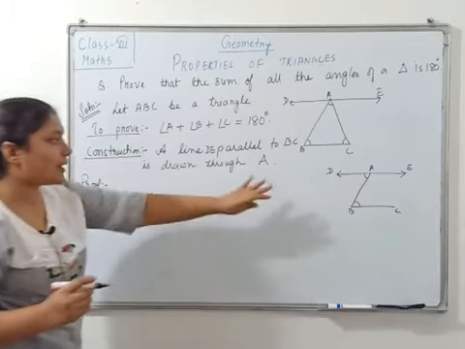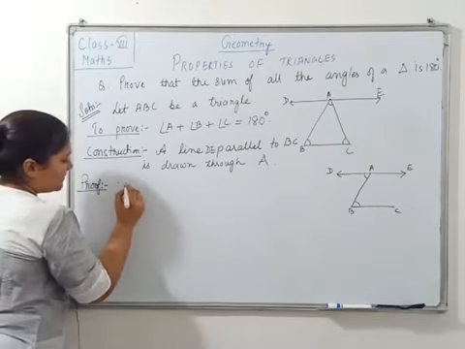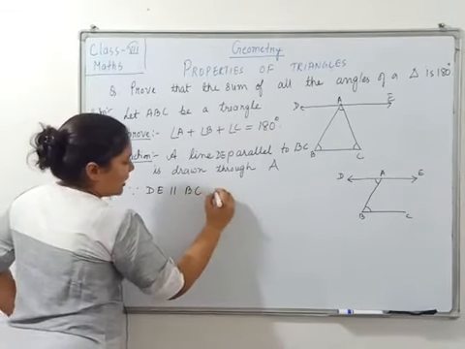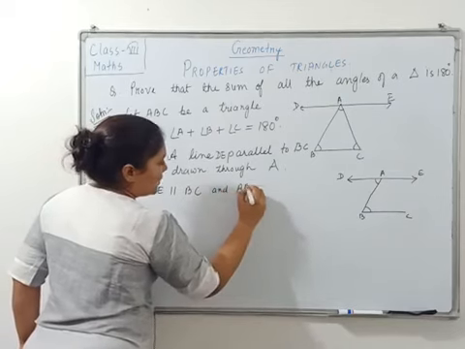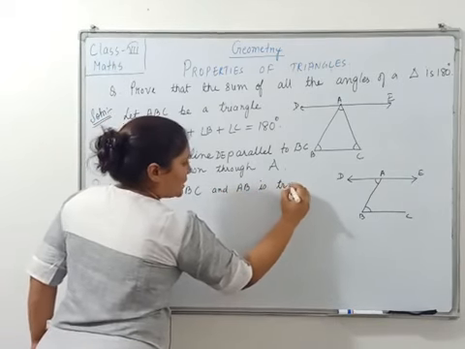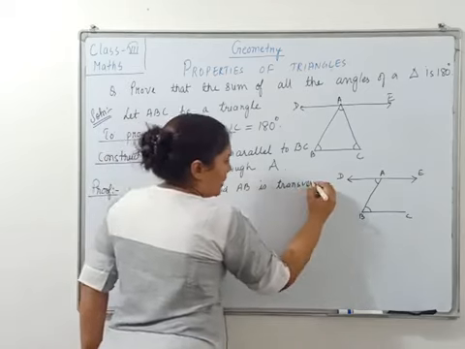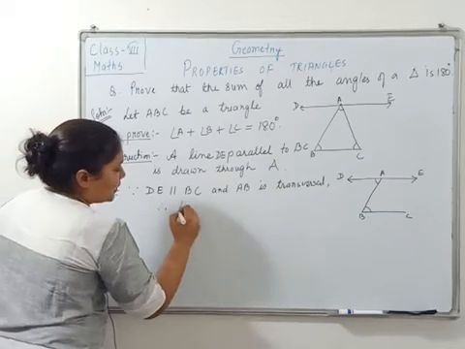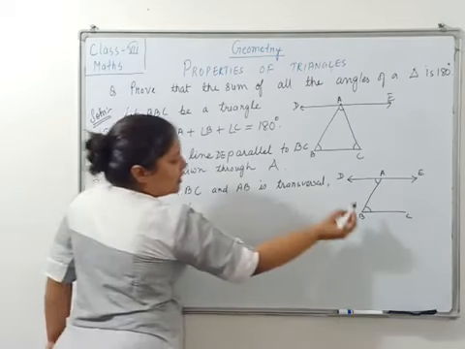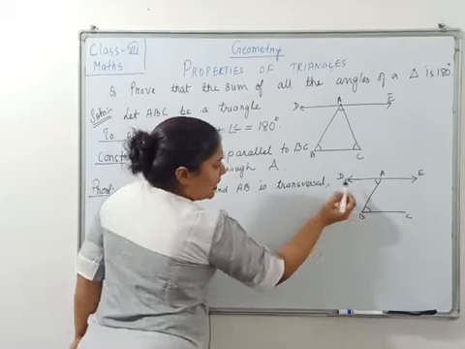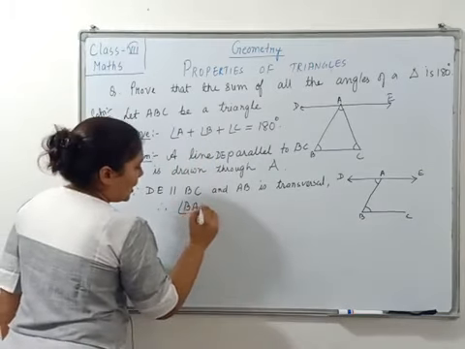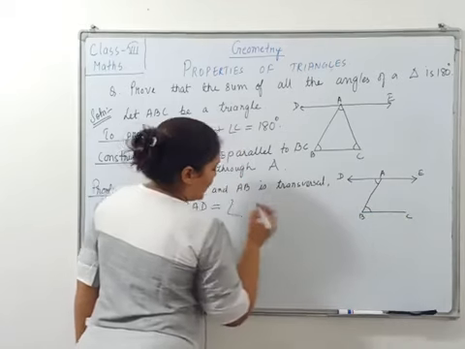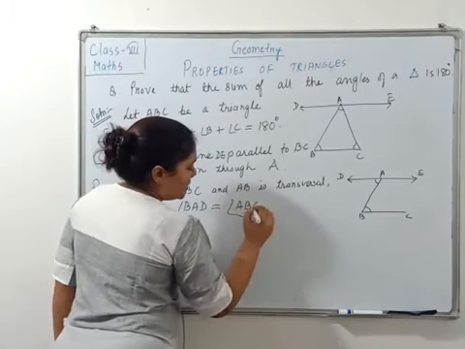So what will I write here now? Since DE is parallel to BC and AB is transversal, therefore which angle is equal to which angle? Angle BAD is equal to angle ABC.